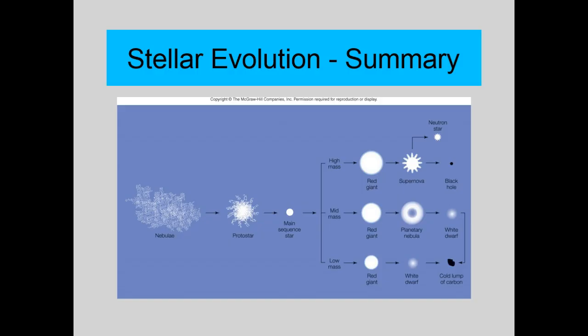So what happens to that? And this, I don't know why they do it. They have low mass, mid mass, high mass, but then they do the low high mass up here and the high mass here. Why didn't they reverse those? I don't know. But if the remaining core after that supernova is between 1.4 and 3 solar masses, then that collapses on it and becomes a neutron star.